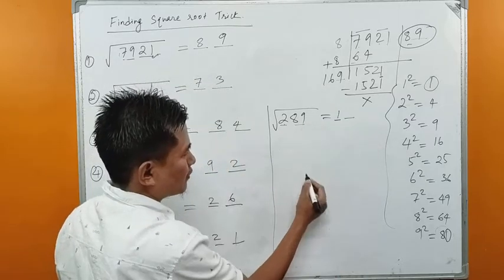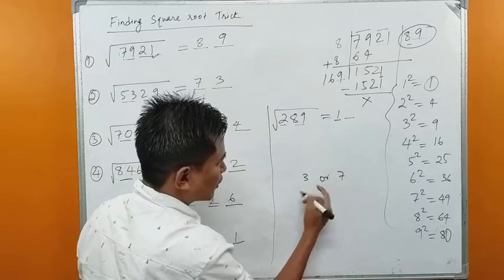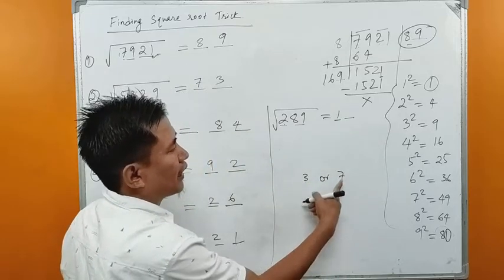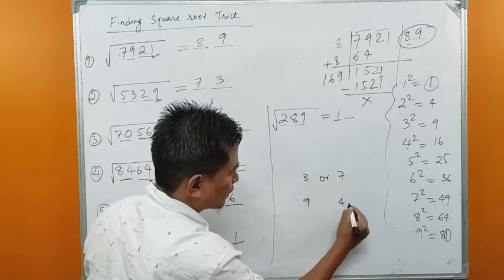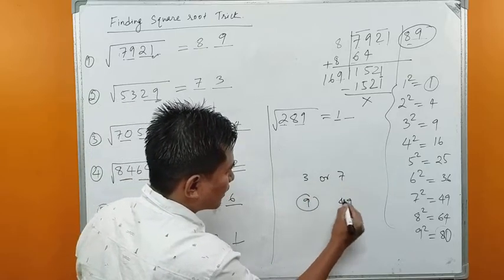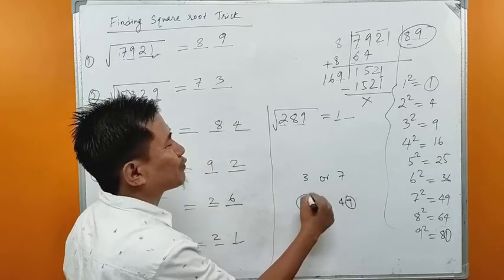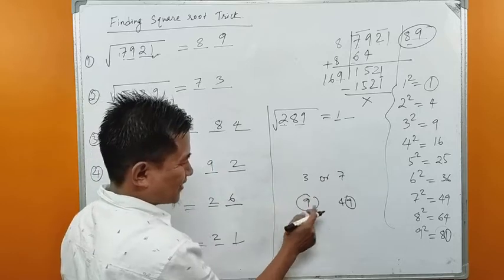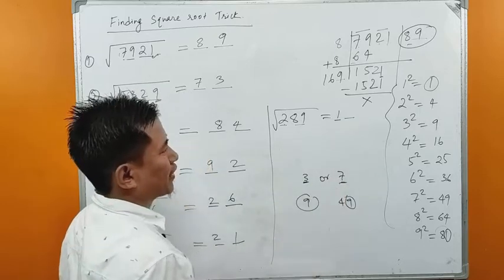We have 9 here, meaning 3 or 7, because 3 squared gives us 9 and 7 squared gives us 49, and both of these numbers have 9 in the unit place. So this is 9, isn't it? So which one to choose among these, 3 or 7?